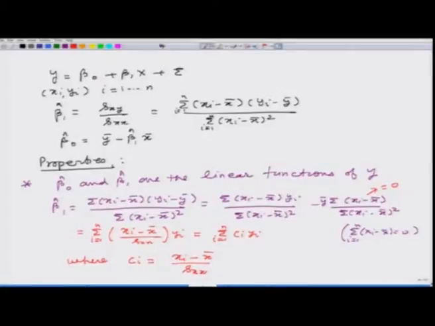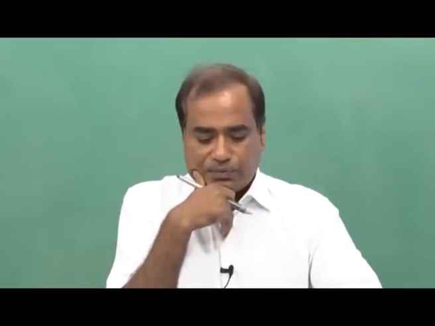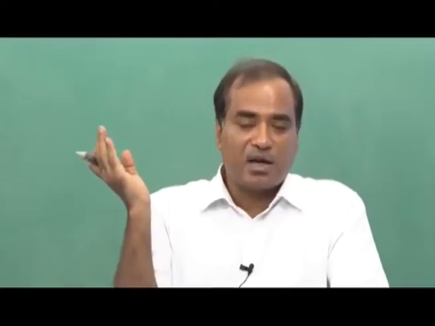One question crops up: why am I emphasizing the linearity of the estimator? You see, in this model we have epsilon as a random variable, and because of that y also becomes a random variable.